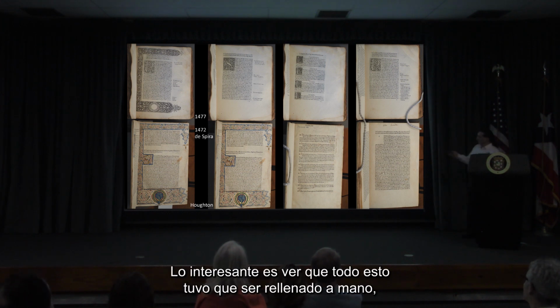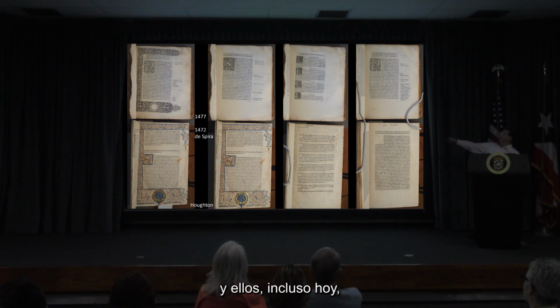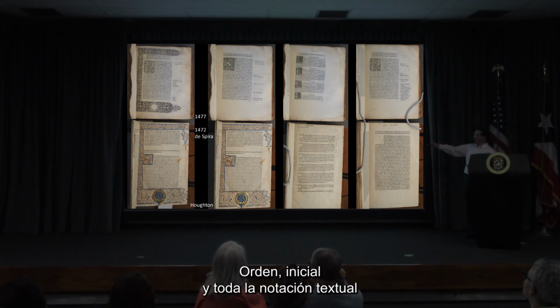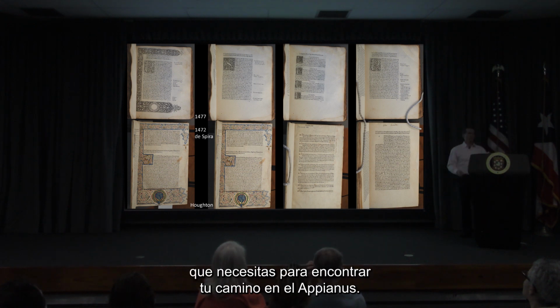What is interesting to see is that all of these had to be filled in by hand, so they produced a finished page. Border, initial, and all of the textual notation that you need to find your way into the Appianus.